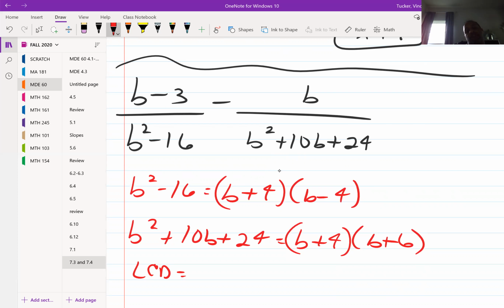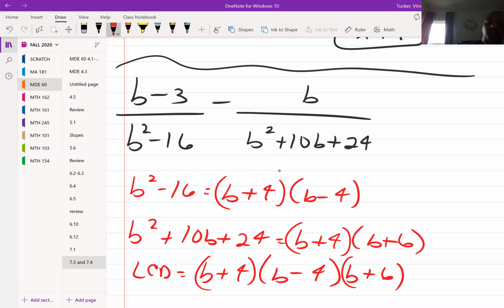Then from the second factorization, (b + 4)(b + 6). So that means our LCD is going to be (b + 4)(b - 4)(b + 6). You write down each different quantity.